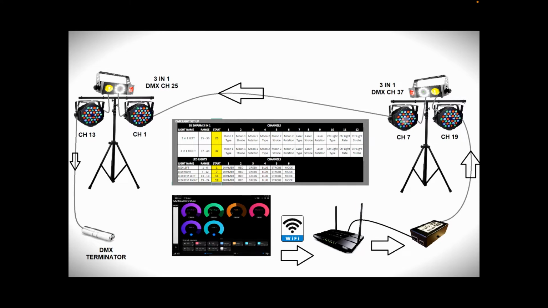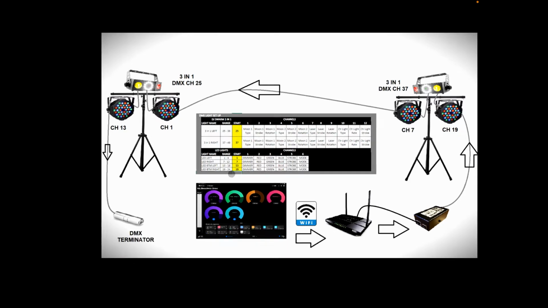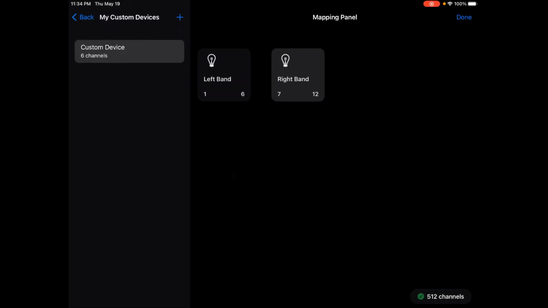All that channel 7 does is say I want 1 through 6 on this light. So if we started at channel 7 and you have 6 channels, then you would go 7 to 12, and so on and so forth. So hopefully that makes sense. If not, go ahead and let me know. I need a little more information on how you set those up.